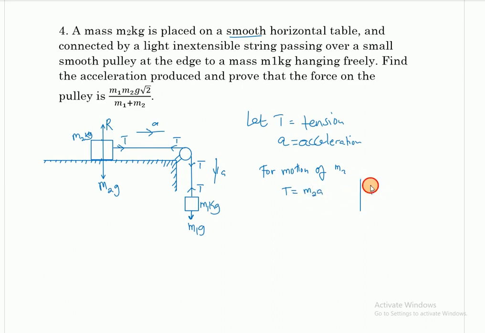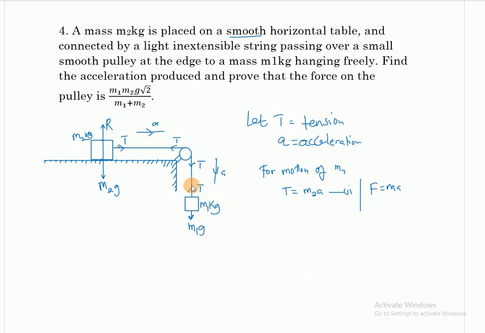We are using the fact that F is equal to ma. It is a smooth horizontal table, so there is nothing like friction opposing. So the resultant force acting is T minus 0, which is just T, and that is equal to m2a. So T is equal to m2a. That one is our equation 1.